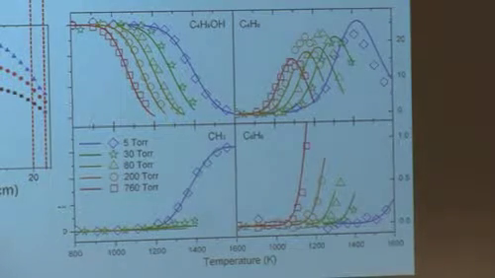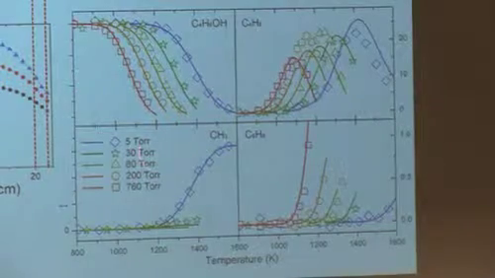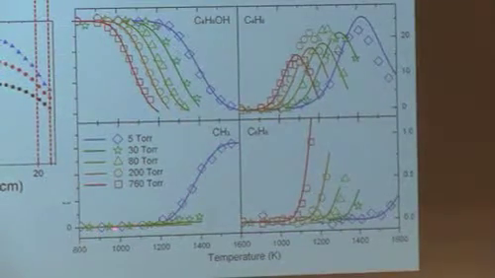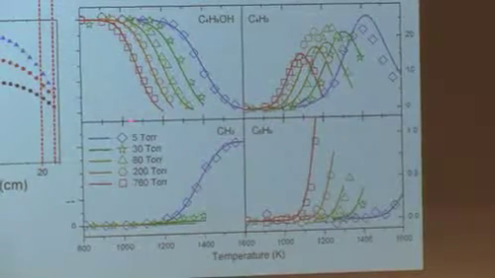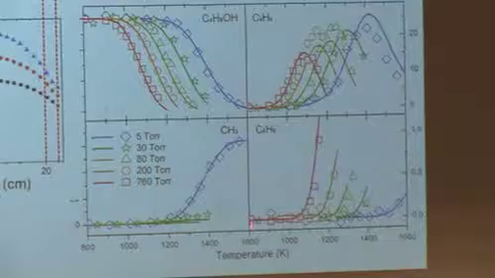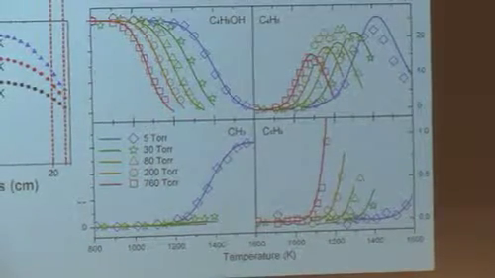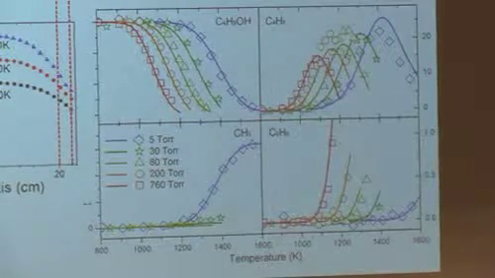The timescales are of the order of milliseconds or more, but they can detect these radicals, and they come in at higher temperatures, but they can only really see them at low pressures. And that's because at higher pressures, methyl plus methyl becomes too fast for them, for the reaction system.